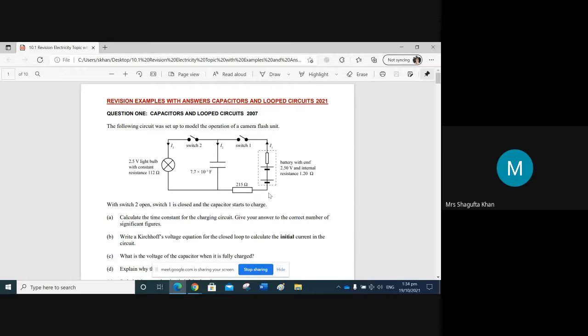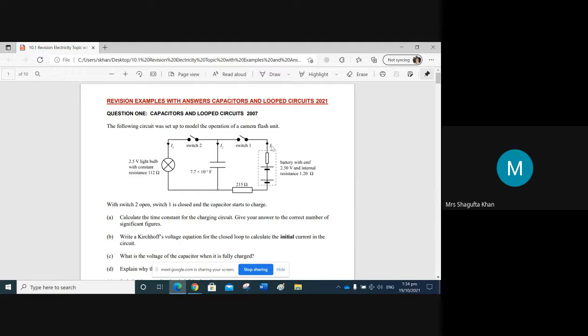Another thing they may ask you is, what is the terminal voltage? Now, when the current is flowing through this one, the terminal voltage, that means if you put a voltmeter here, will read less than 2.5 because some volts are lost here. So terminal voltage will be the EMF, which is 2.5, minus the voltage across this one.